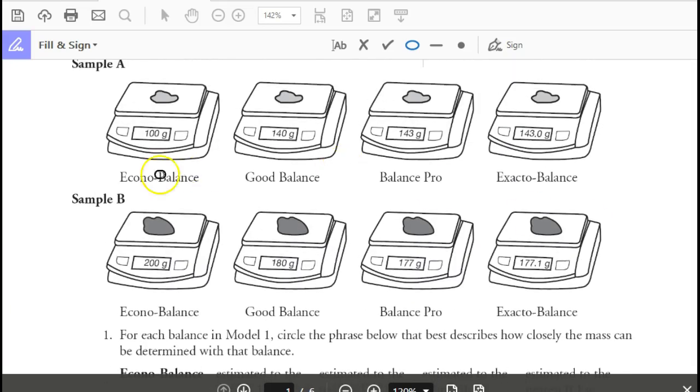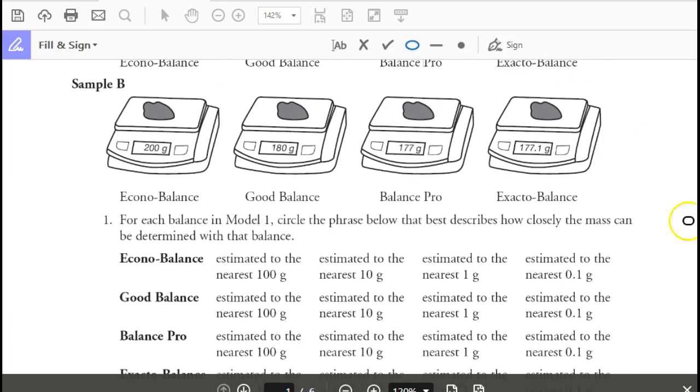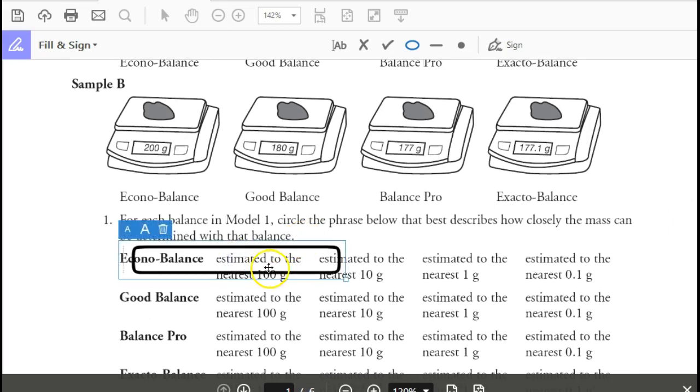If you look at sample A or B, the Econo balance is measuring this rock at 100 grams, but this balance, the same rock, is measuring it at 140 grams. This one's measuring at 143, and this one's measuring at 143.0. So you should notice something about the decimal places. It seems that the Econo balance is only estimated to the nearest 100 grams.